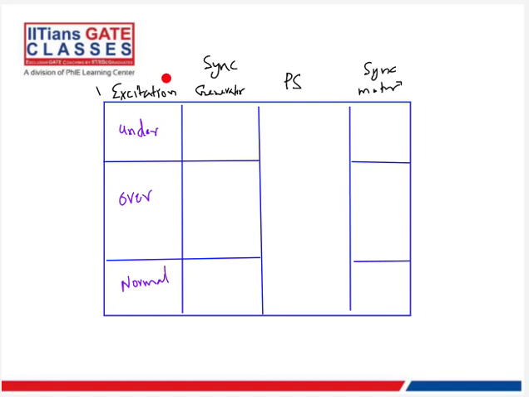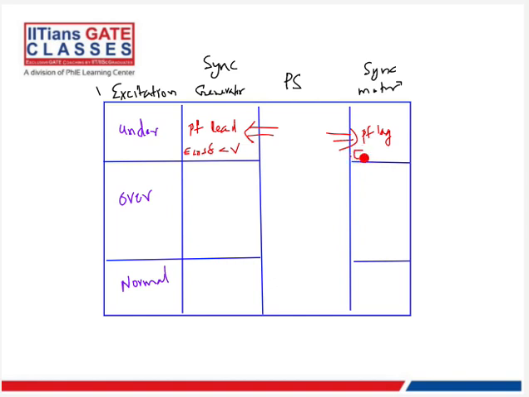When you're talking about the synchronous generator under the underexcited condition, reactive power flows from the power system to the grid. Here also, and notice the condition E cos delta is less than V, right? So here the power factor would be leading, and here the power factor would be lagging.